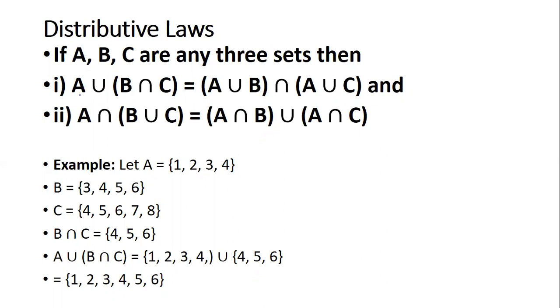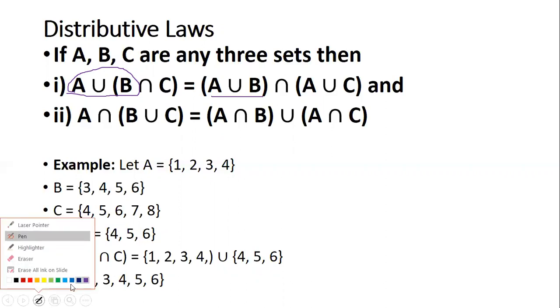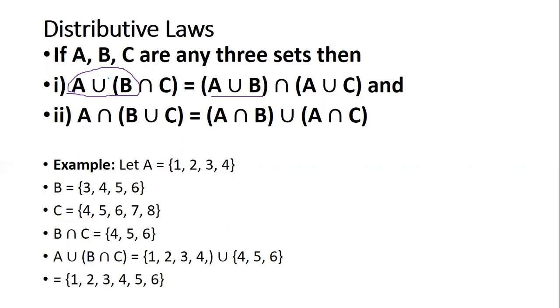Now, A union B is the first part and A union B is written. Now the second part, how do you write? A union C. See, A union B, which is in purple color, it's already taken down. Now whichever is in light blue, A union C is your next expression.